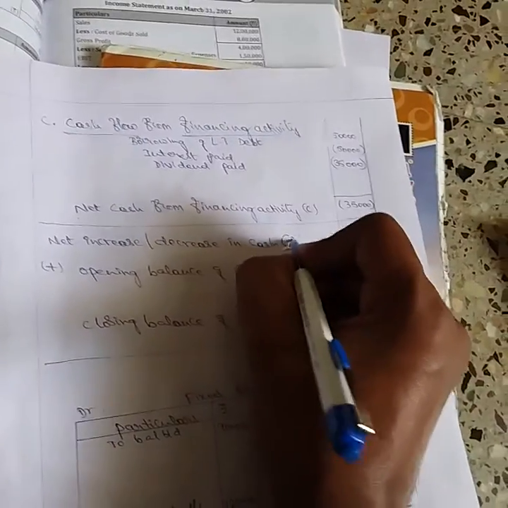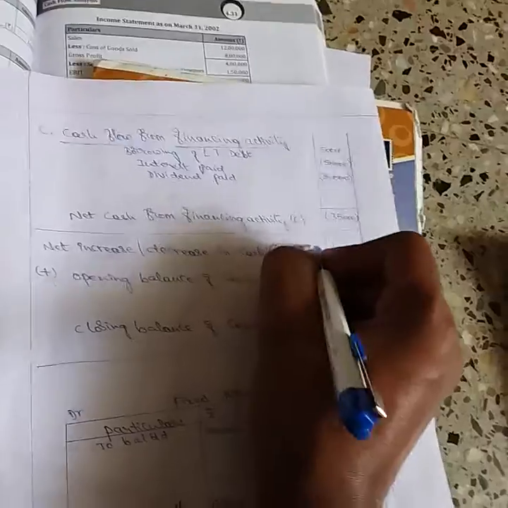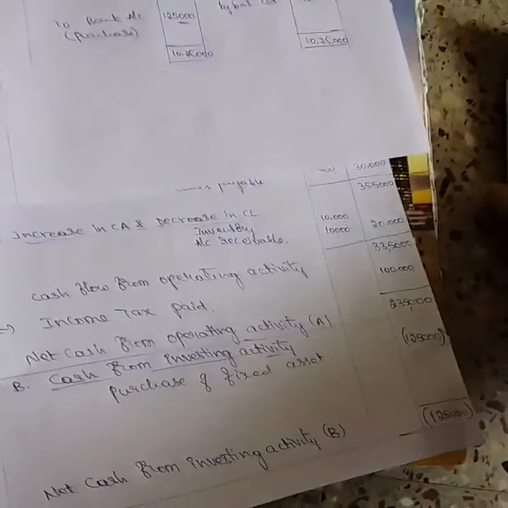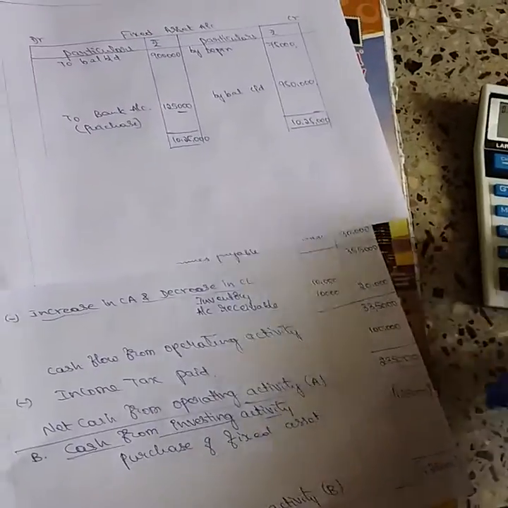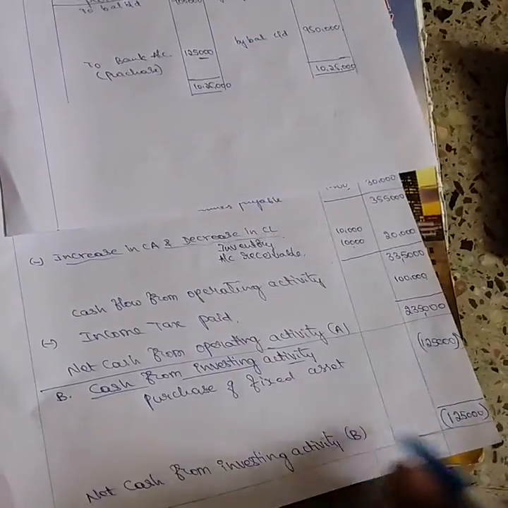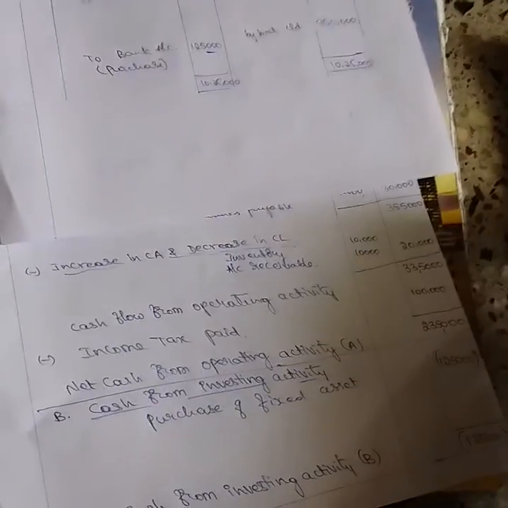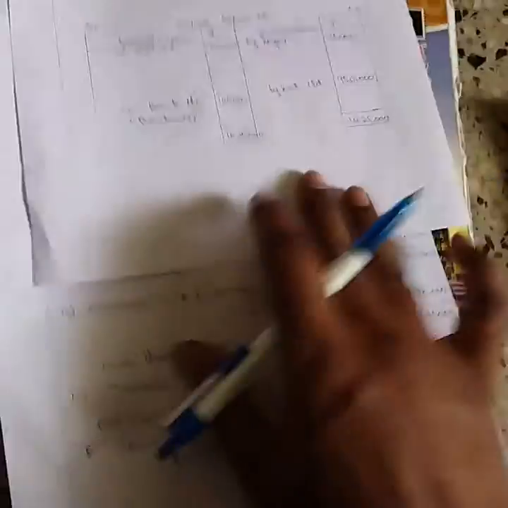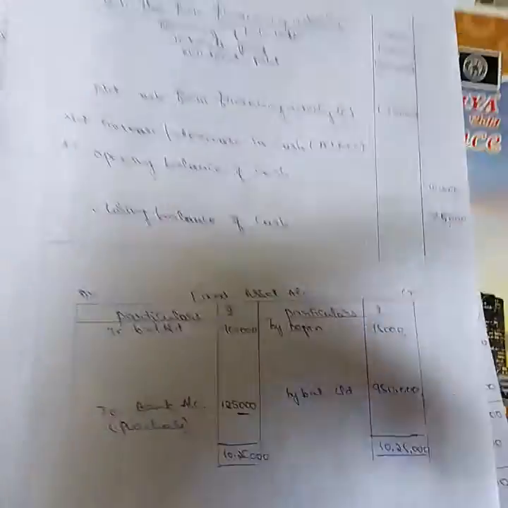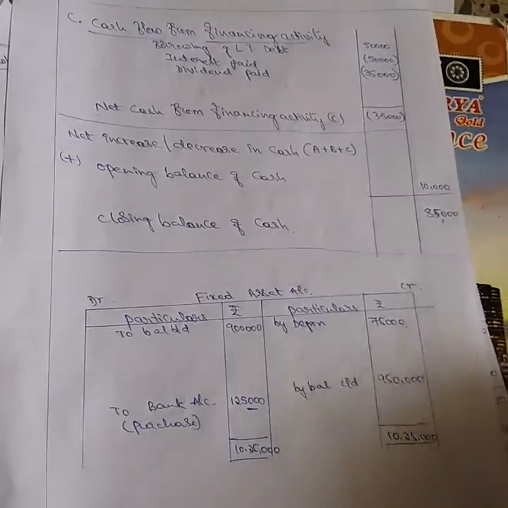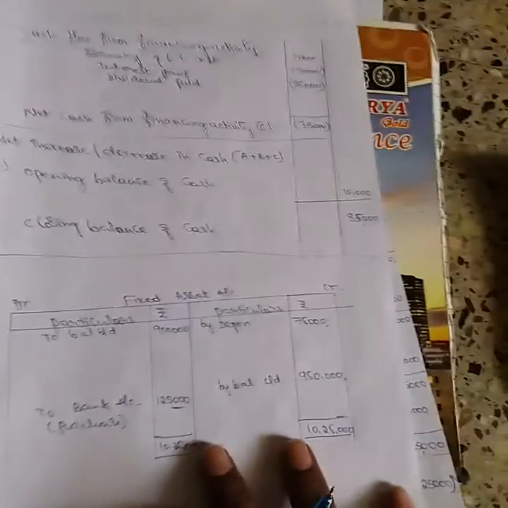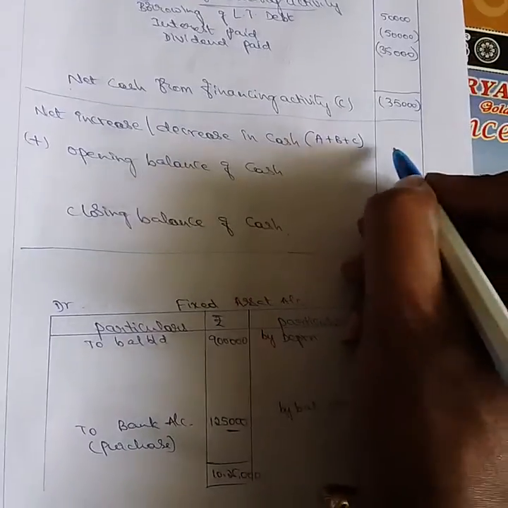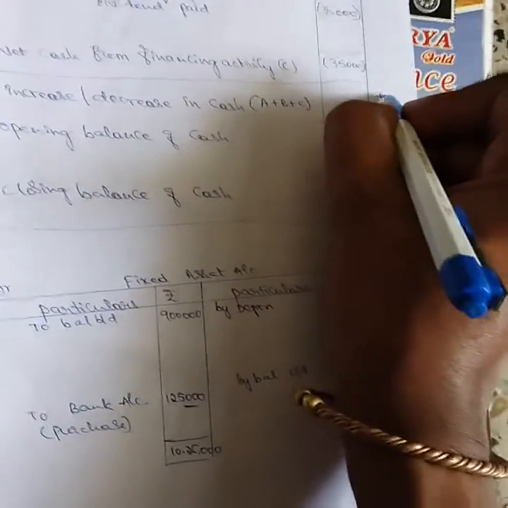Net increase or decrease in cash is Part A plus Part B plus Part C. Part A is positive 2,35,000, Part B is minus 1,25,000, Part C is minus 35,000. So net increase in cash will be 75,000.